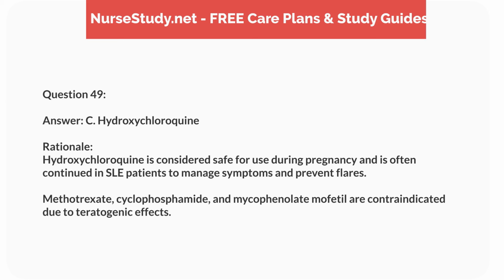Answer: C. Hydroxychloroquine. Rationale: hydroxychloroquine is considered safe for use during pregnancy and is often continued in SLE patients to manage symptoms and prevent flares. Methotrexate, cyclophosphamide, and mycophenolate mofetil are contraindicated due to teratogenic effects.